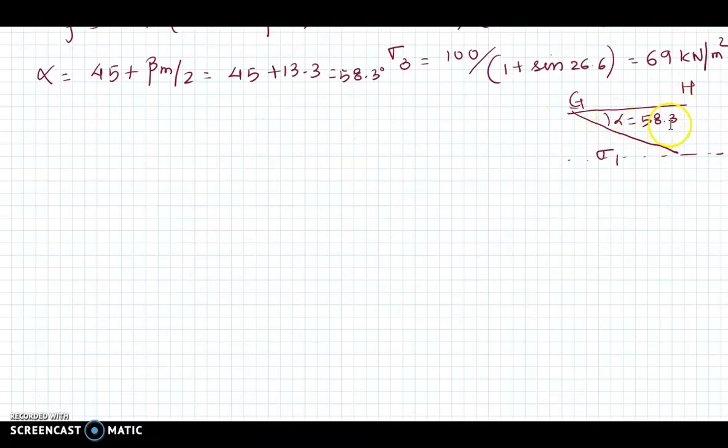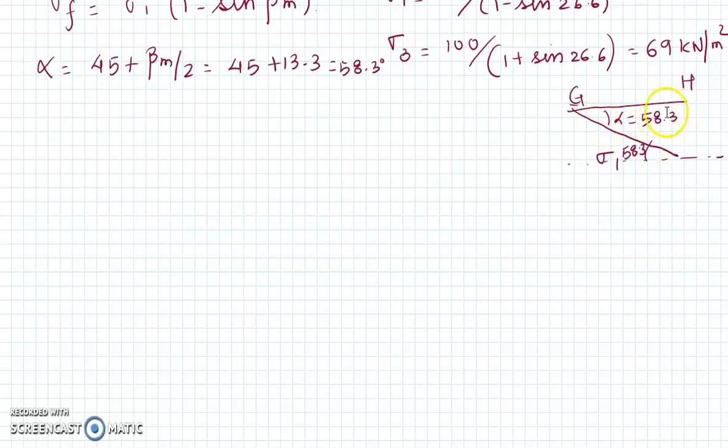GH is making 58.3 with sigma 1 and GH is horizontal. So that means sigma 1 is also making 58.3 with horizontal. So I hope this part is clear. We got the value of maximum obliquity, the maximum angle of shear failure, that is equal to 58.3, and we know that GH is horizontal and GH is a failure plane.